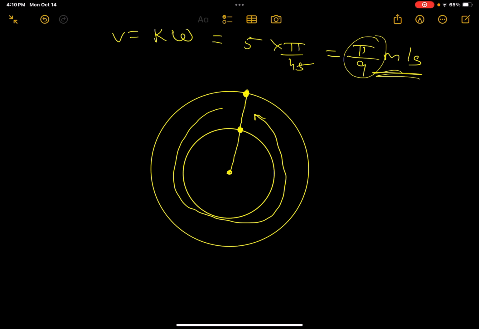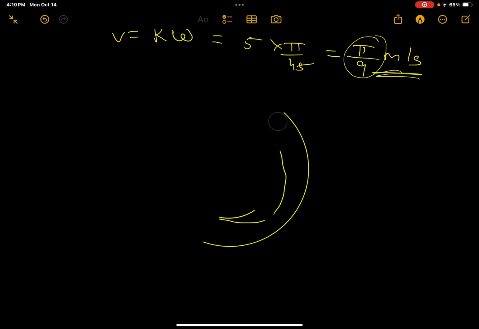But since the radii of them are different, they will have different velocities, but they will have the same angular velocity. So let's move on to the next question, which is a little bit tricky, but it's doable.